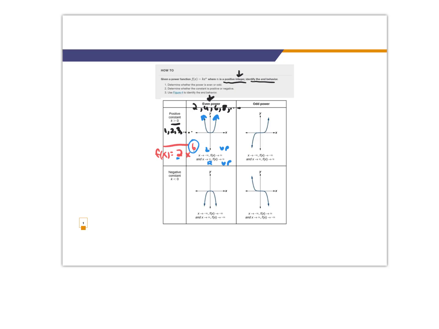That one will be f of x is 2x to the 5. So that's mimicking the other side. What's true? The coefficient is still positive. The exponent is now odd. 5 is an odd number.